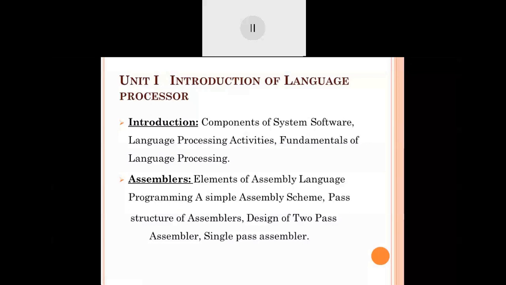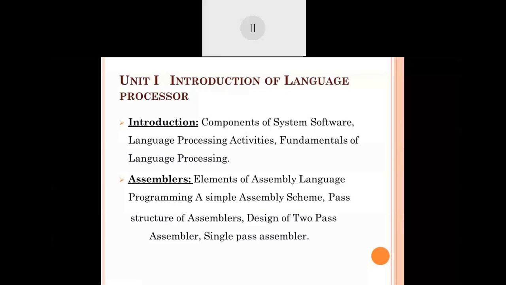Then pass structures of assembler, design of two pass assembler and single pass assembler. Actually, when we look at the assembler, it is not that it has two types. It actually works in two parts. That's why it is called pass one assembler and pass two assembler, or single pass assembler and two pass assembler. Both things are the same. It is just that your assembler is divided into two parts, part one and part two.